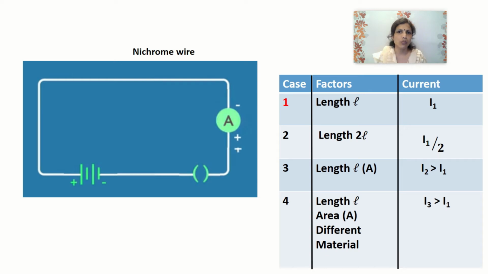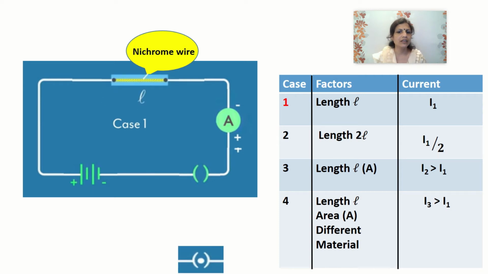So in case 1, we will consider that a small piece of nichrome wire is connected between the two ends like this. Let the length of the nichrome wire be L. Now plug in the key. The moment you plug in the key, current will start flowing through the conductor.